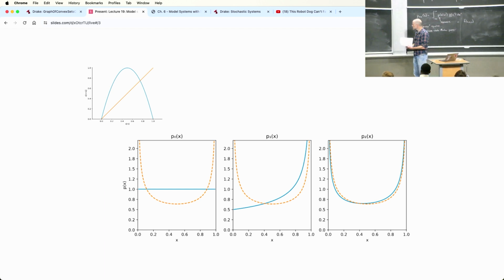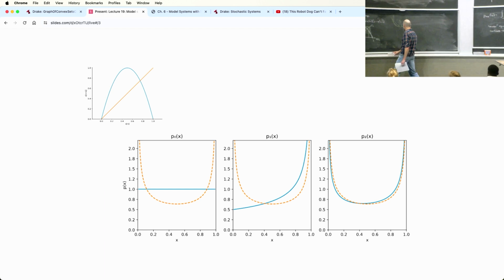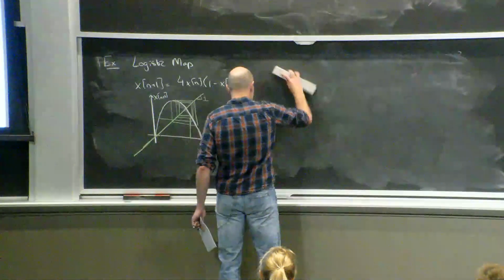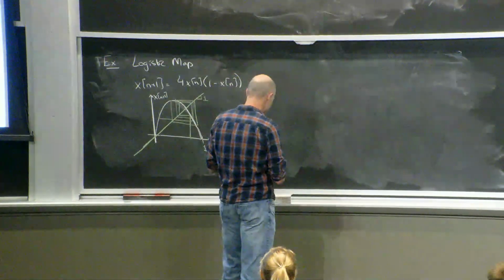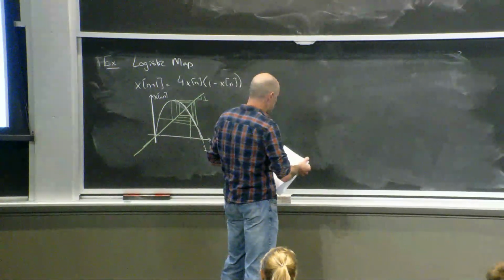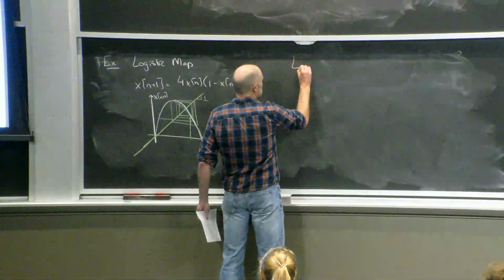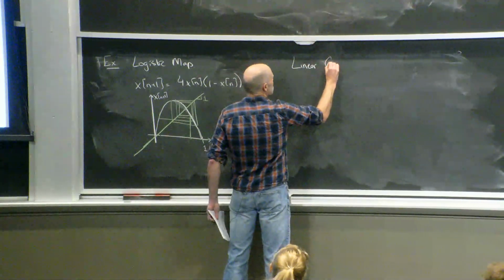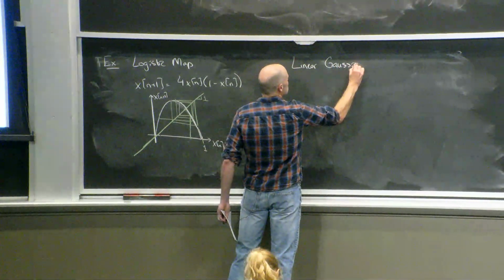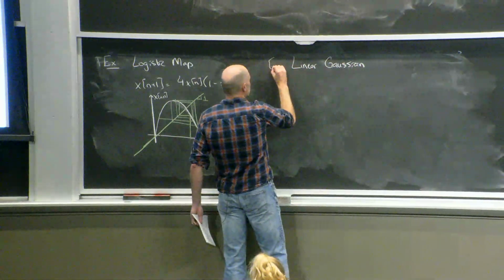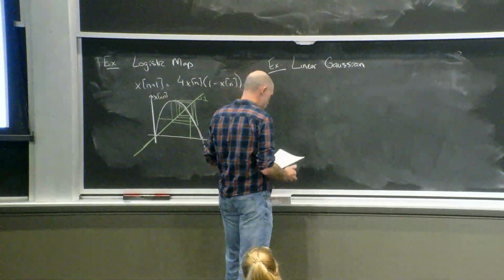Okay, I think it's actually worth working out a little bit more carefully just what happens in the linear Gaussian case here, because it answers a lot of these questions nicely and formally.